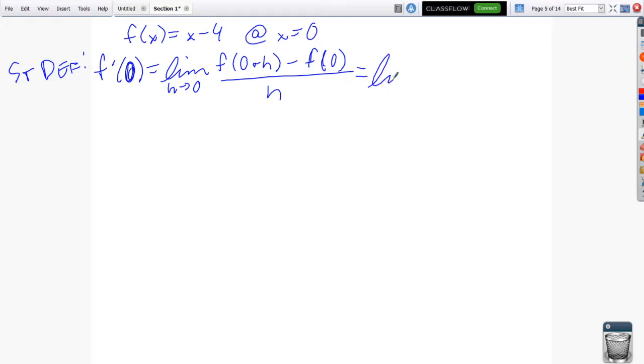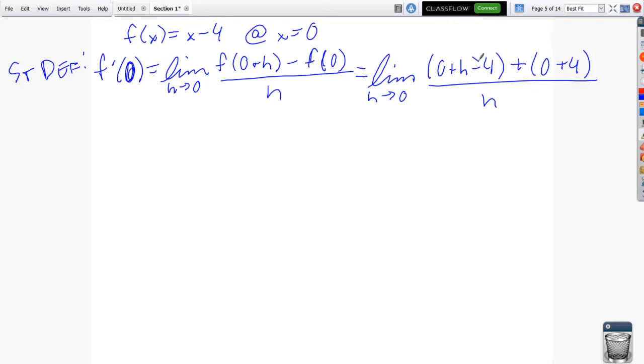So now we've got the limit as h approaches 0 of f of 0 plus h, which would be 0 plus h minus 4, minus f of 0, which is 0 minus 4, all over h. All right? Now I'm just going to start crossing out. Negative minus negative, we get plus.